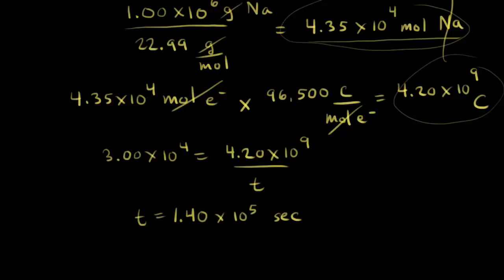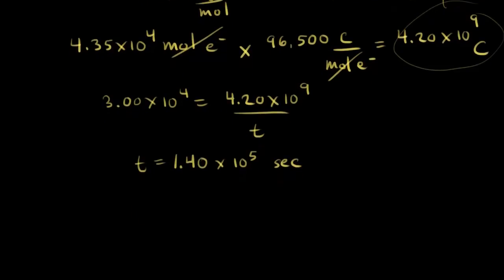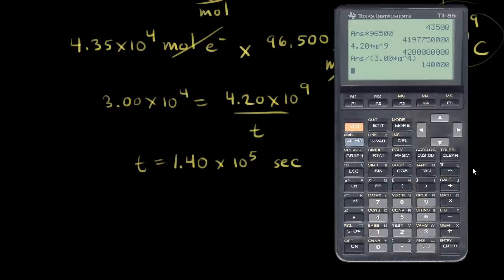I guess we could leave the answer like that, but let's convert that into something that's a little bit easier to comprehend. First, let's convert that into minutes. If you have 1.40 times 10 to the 5th seconds, how many minutes is that? We could just divide that by 60, right? That's 2,333 minutes. How many hours is that? We could just divide that by 60.